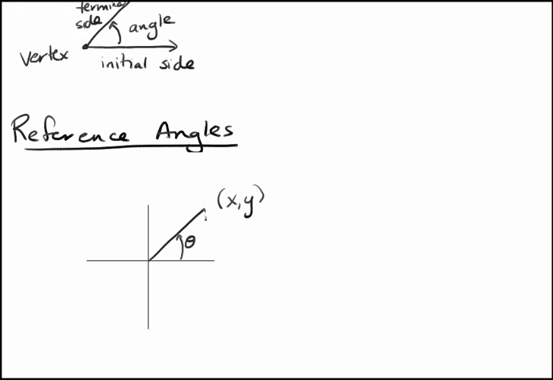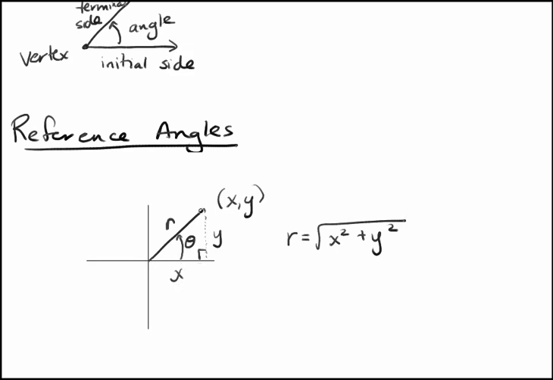We could also draw a right angle triangle, and then we could figure out the radius of this triangle, especially if we were to continue and form an entire circle around here. If this value is x and this value is y, then our radius is the square root of x squared plus y squared, using the Pythagorean theorem.